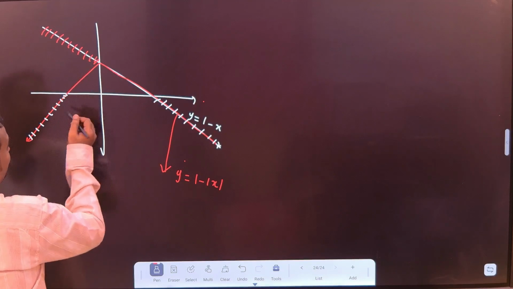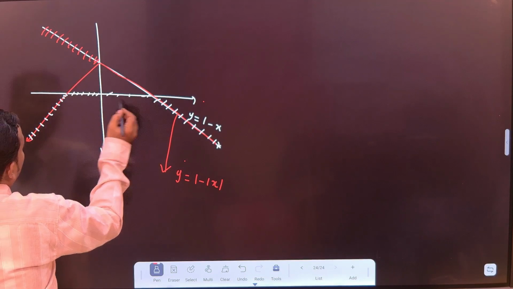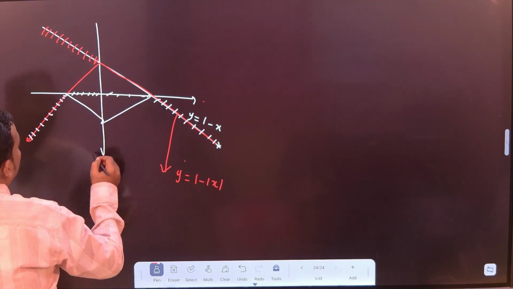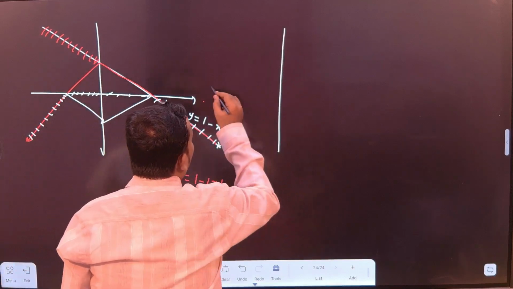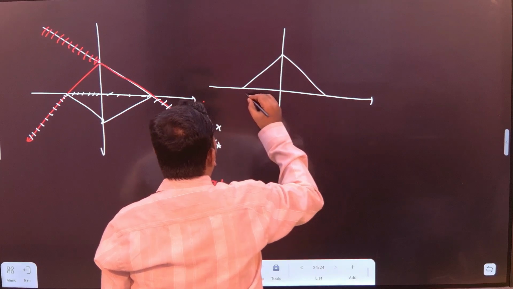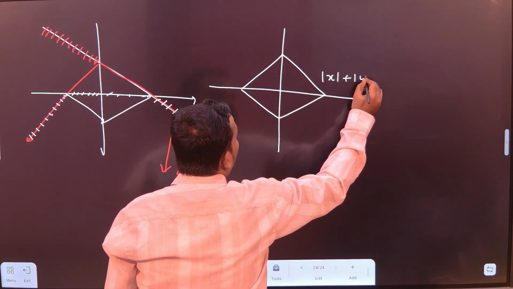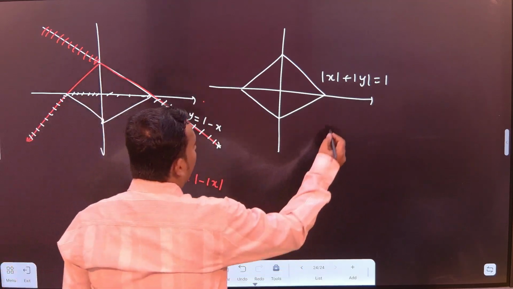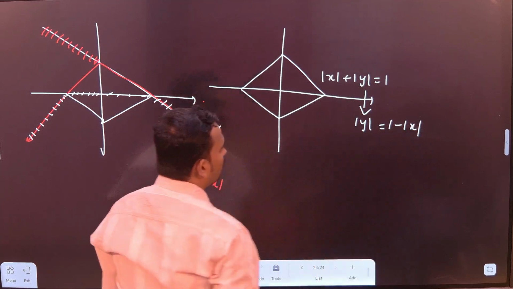Whatever is positive, above the x-axis, you have to take its image with respect to the x-axis. This is the graph of mod x plus mod y is equal to 1. This is the same as mod y is equal to 1 minus mod x. Clear?